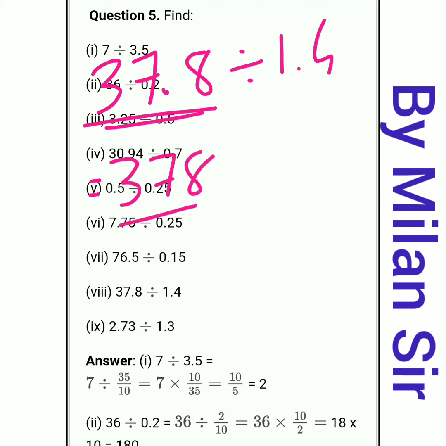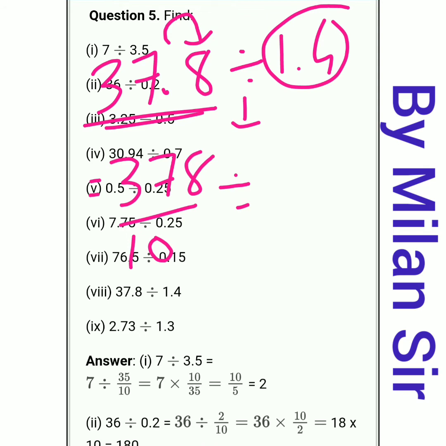Then after the decimal point we have only one digit, so in the denominator after 1 we need to put only 0, that means 10. Our division remains as it is, because first of all we need to take the reciprocal of the second number.